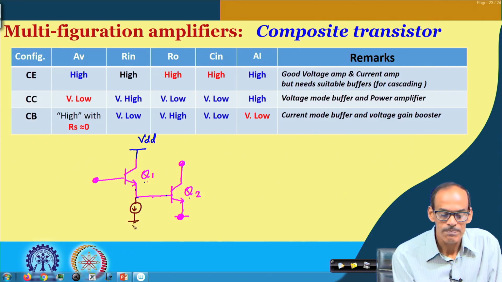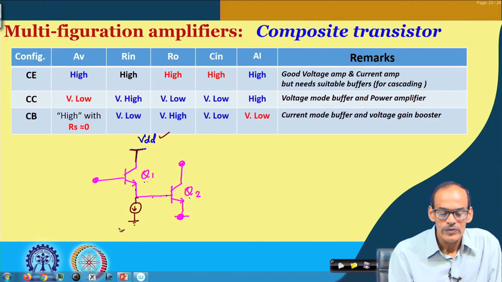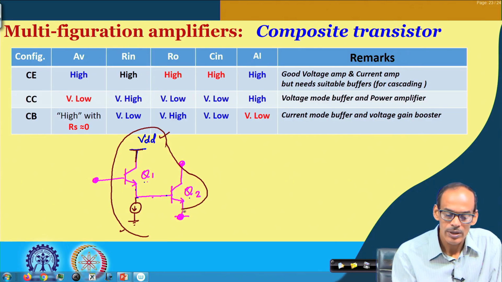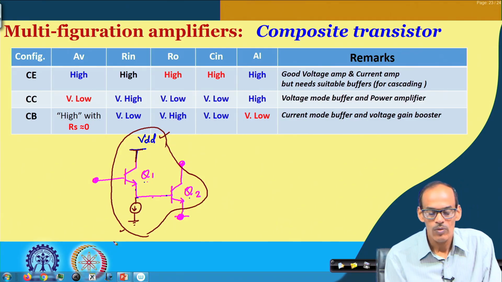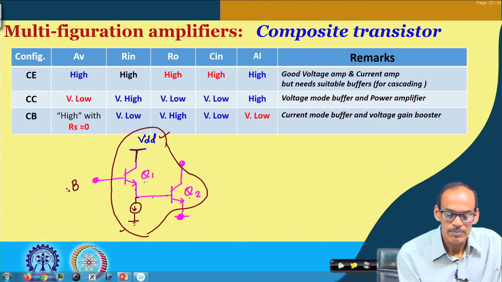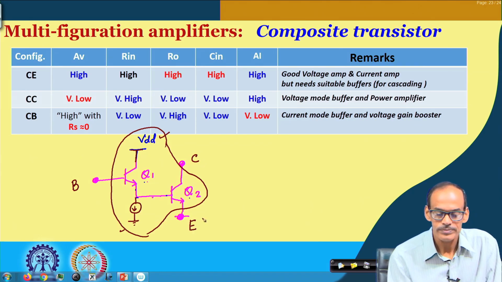So, if these two biases are properly arranged, then the whole thing can be clubbed together and considered one single transistor, where this is the base terminal, this is the collector terminal, and this is the emitter terminal.